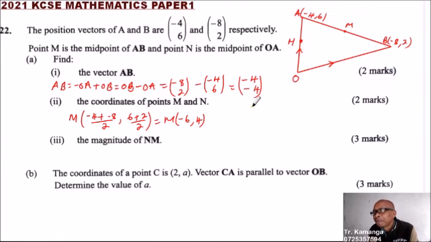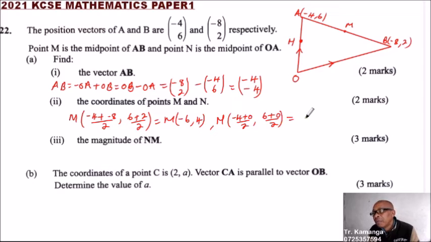N is the midpoint of OA, so you can just do the same. The coordinates of the origin are (0, 0), so you just say (-4 plus 0) divided by 2, and the other one is (6 plus 0) divided by 2.